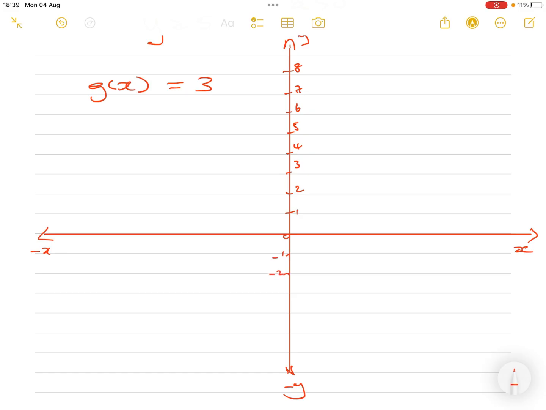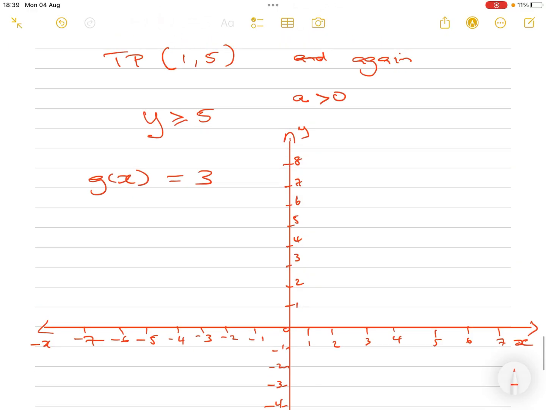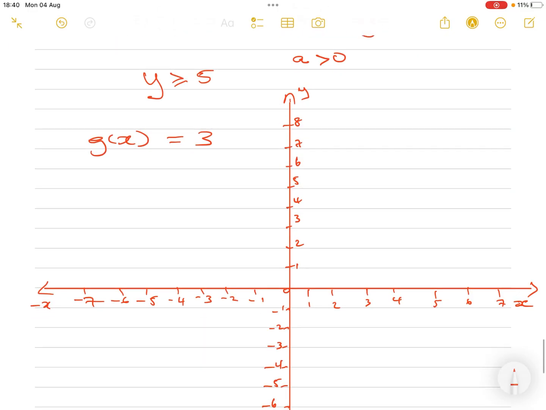We have minus 1, minus 2, minus 3, minus 4, minus 5, minus 6. We have 1, 2, 3, 4, 5, 6, and 7. Minus 1, minus 2, minus 3. I know that whatever I'm writing here is no longer needed, but I just want to write everything in order to make my Cartesian plane look formal.